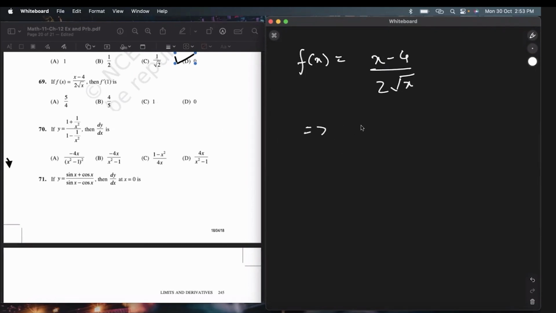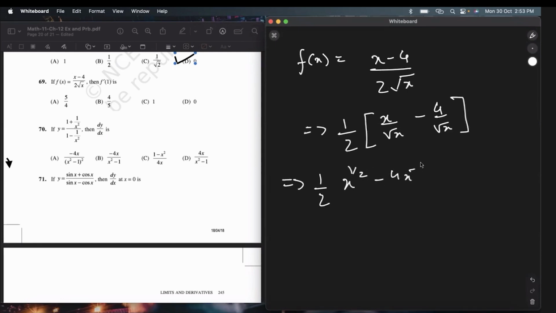Now if we just simplify this, what will we be left with? Like x minus 4 and under root x is there, so I can just open it up like this. Yeah, simple. And further, I can write this as x to the power 1 by 2 minus 4 times x to the power minus 1 by 2.